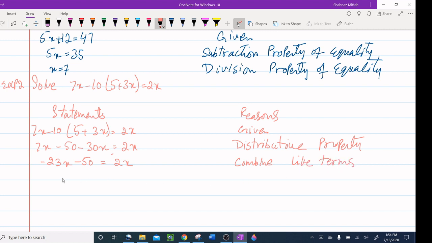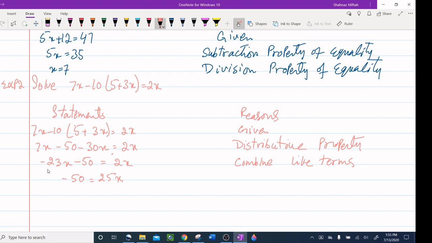Okay, next. So I got negative 50 equal 25x. What happened here? If you see the column, this statement, you're only going to look back to the previous step. You don't go all the way back, just the previous step. 50 is in the same place, but 23x and 2x, they changed.